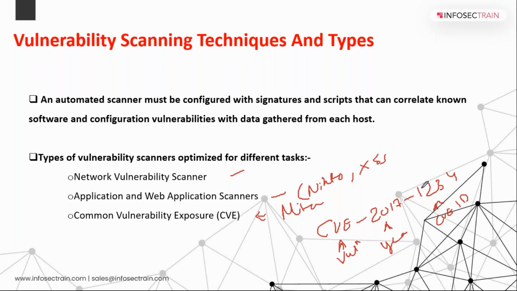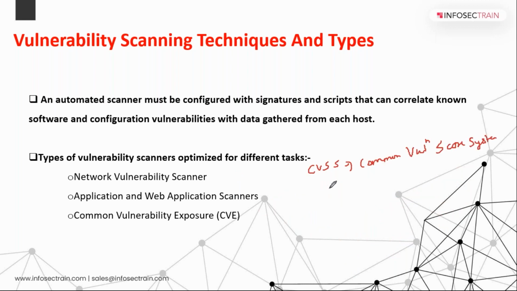Again, it will contain 4 digits, which indicate the order of that particular vulnerability, when this particular vulnerability was discovered, followed by the year. And this is maintained by MITRE.